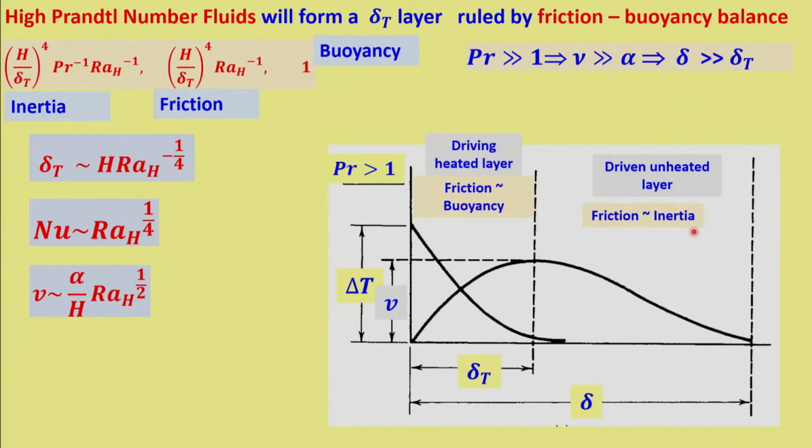So the inertia force has to be balanced by friction before the velocity is brought to 0. The velocity is brought to 0 in the driven unheated layer where the friction is balanced by inertia. So now we need to find what this delta is.